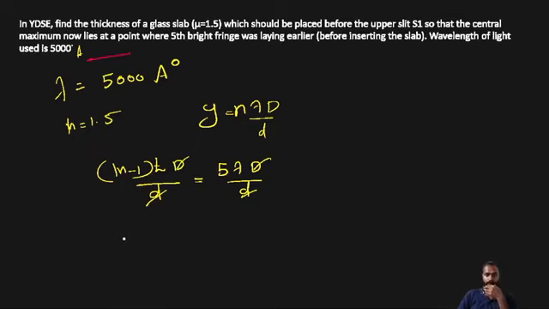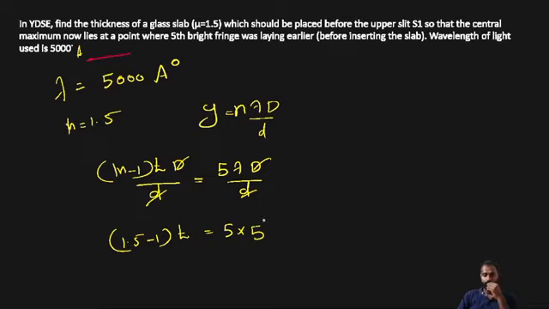Mu is given as 1.5, so 1.5 minus 1 is 0.5, that is 5 by 10, times t equals 5 times 5000 times 10 to the power minus 10.